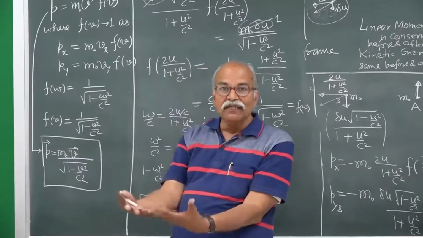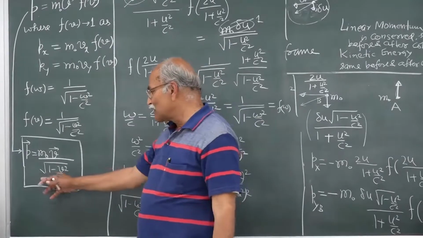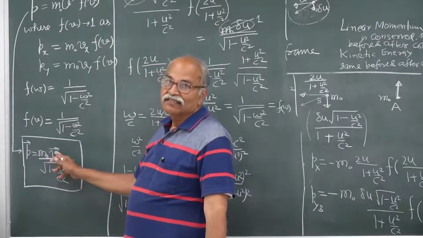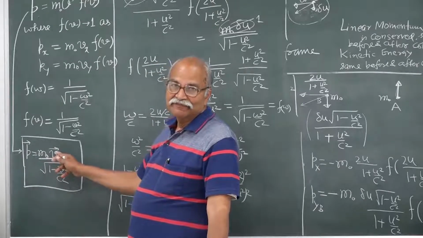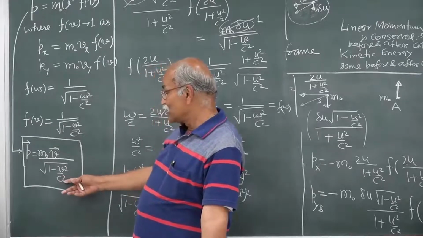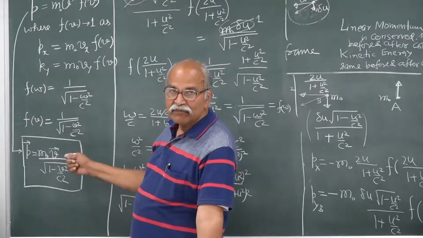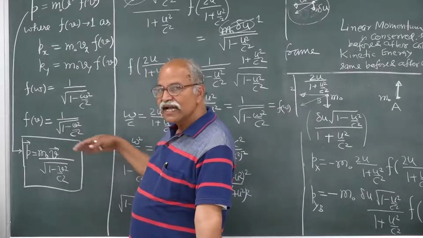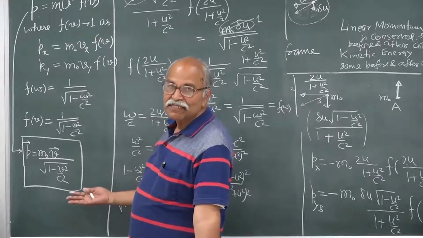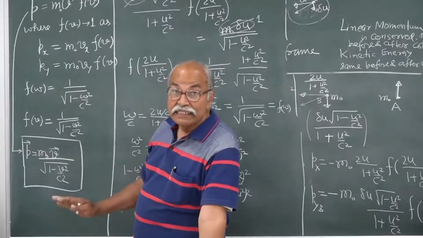If speed of the particle is much smaller than c, then this denominator will tend towards 1 and you get back your original definition of linear momentum. And if speed is not negligible as compared to c, then you must take care of this. If I define linear momentum in this fashion, which is a slight modification of the Newtonian definition of linear momentum, even at high speeds the linear momentum will be conserved.